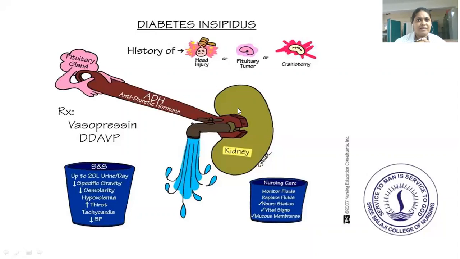We have to maintain the vital signs every 2 hours, and monitor the fluids. A strict intake and output chart should be maintained, and we have to replace the fluids because the patient may go into hypovolemic shock. We replace a certain amount of IV fluids according to the doctor's order.